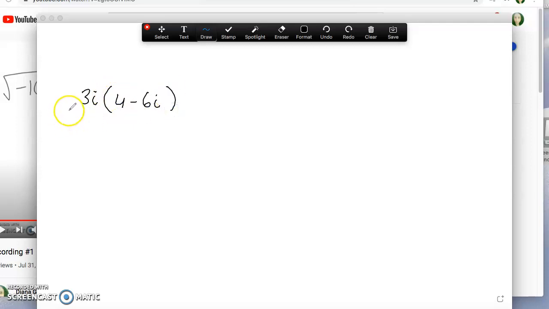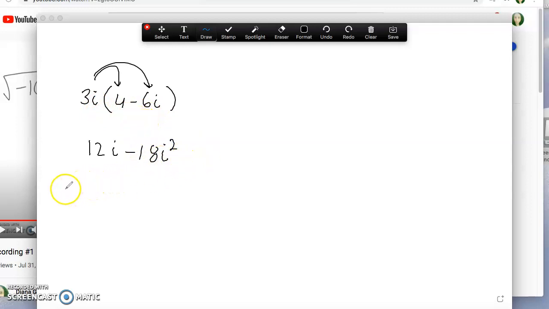So we have 3i times 4 minus 6i. Let's go ahead and distribute. 3i times 4, that's 12i. 3i times negative 6i, that's negative 18 i squared, right, because we have two i's we're multiplying.